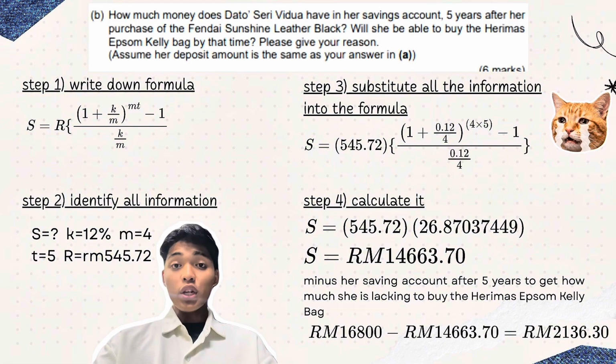For question B, the question said how much money will she have after 5 years in her saving account, will she be able to buy the bag by that time? First step is you guys just need to write down the formula. Second is identify all the information. Third is substitute all the information into the formula, but this time there is some change where the T, which stands for time in years, is changed from 4 to 5 years based on the question.